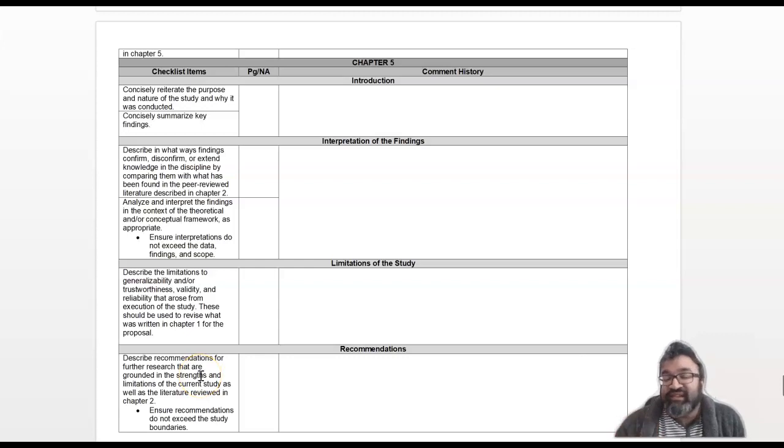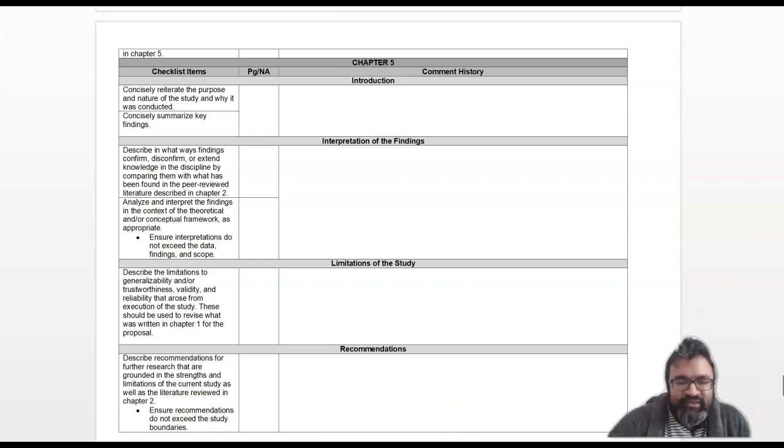So you're trying to say that this is not the end of the research. This is kind of a springboard to conduct additional research for future individuals. And this is not uncommon from what is seen in peer-reviewed published articles. You always end with some limitations and recommendations.